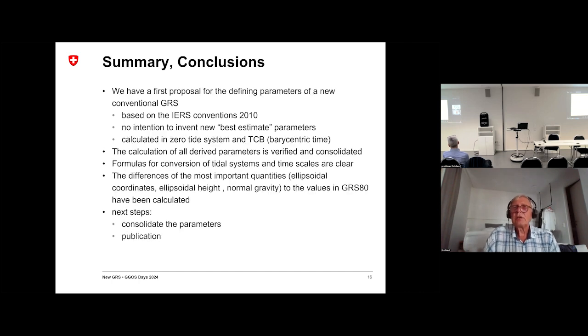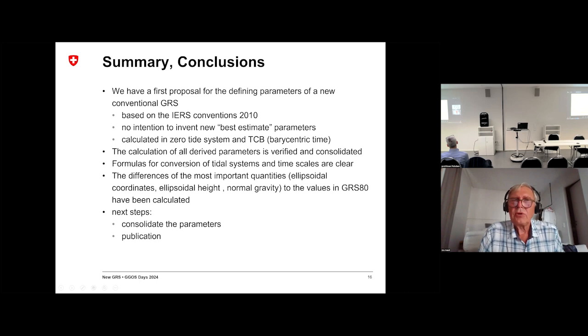So in summary and conclusions, we have a first proposal for the defining parameters of a new conventional GRS. It's heavily based on the IERS conventions 2010. And we don't have an intention to really change these values to have a best estimate value for these parameters.